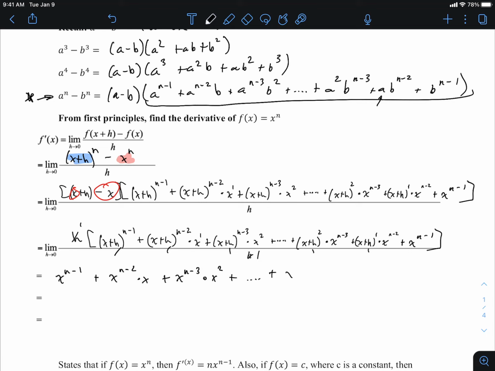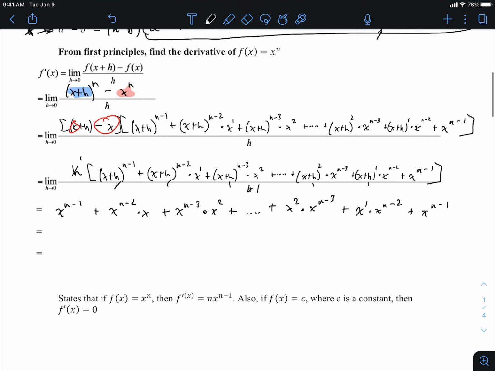So x squared times x to the n minus 3, plus x to the power of 1 times x to the n minus 2, plus x to the n minus 1.